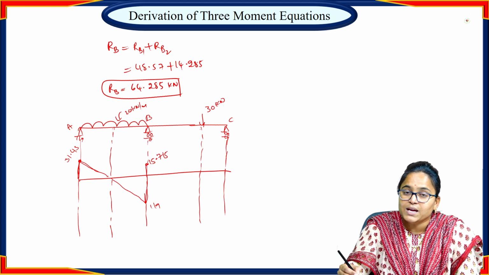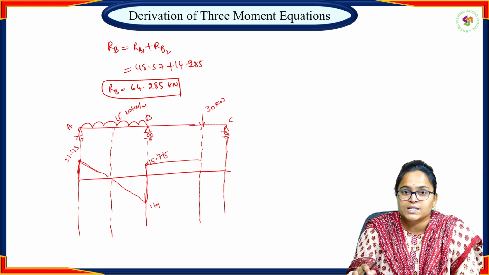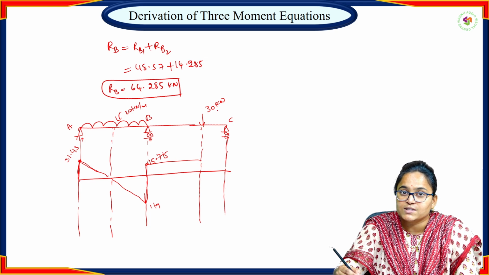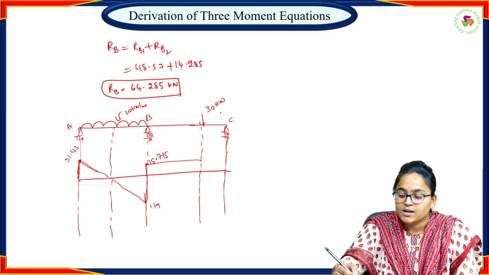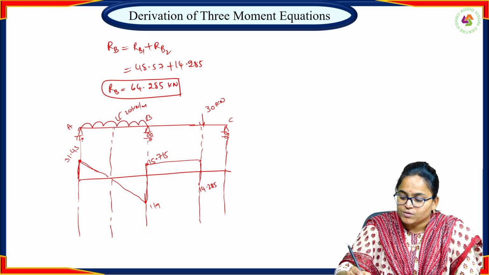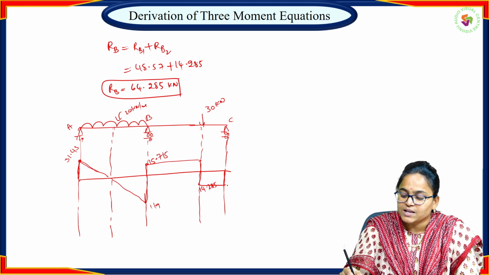Now between B and the concentrated point load we don't have any loads, so the shear force will be constant. Here this is plus 15.715. We have a concentrated point load acting downward, that is minus 30, so we'll get minus 14.285. From the load to C we don't have any loads, so this is again minus 14.285.